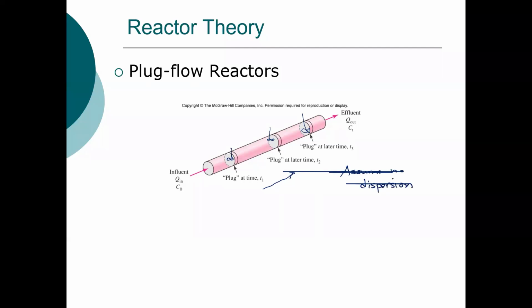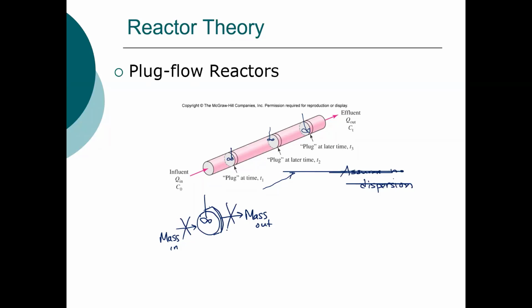Okay, so basically, here's our parcel of water that enters. So this is completely mixed. We have no mass entering that parcel, and we have no mass leaving that parcel.